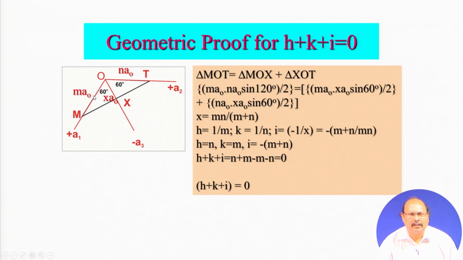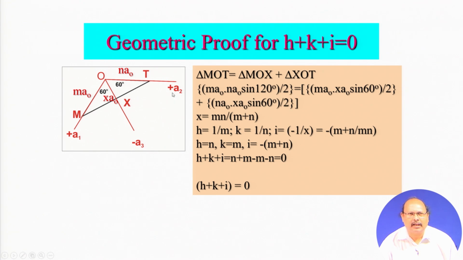If we do that, then what will be the area of this triangle OMT? This will be half into this distance OM, which we have written as MA0, into this distance OT, which we write as NA0, and the angle between these two is 120 degree. We have to take the sine value. So, this becomes sine 120 degree.